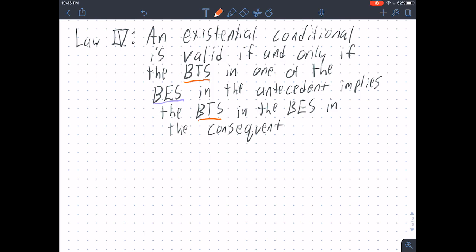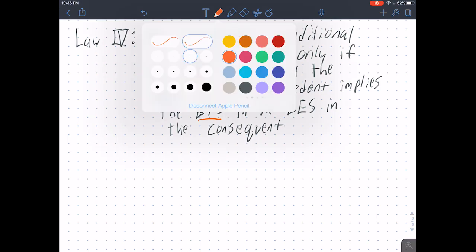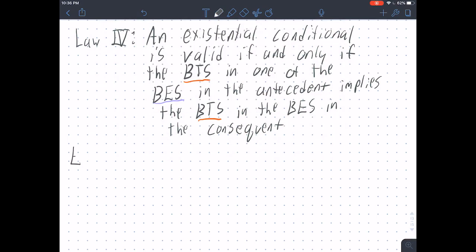So the next law that we have is for existential conditionals. So I need to define an existential conditional. Actually, I forgot to write that.